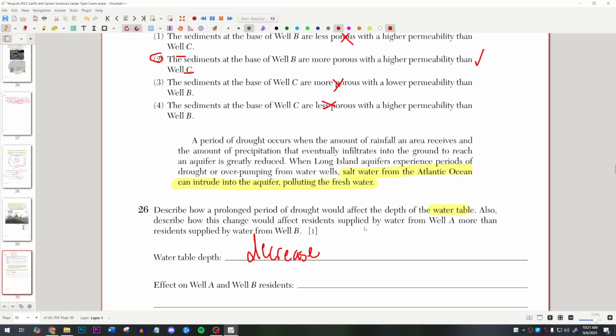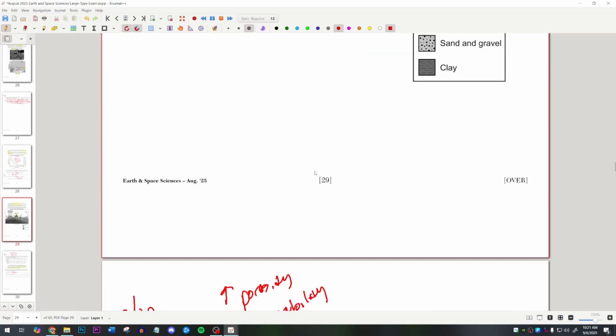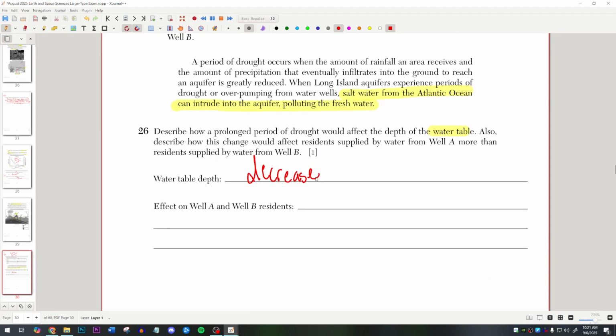Describe how this would affect residents supplied by water from well A more than B. Because the pipe is not long enough. Oh, so now my pipe thing gets into consideration. So we could say well A has a shorter pipe distance.